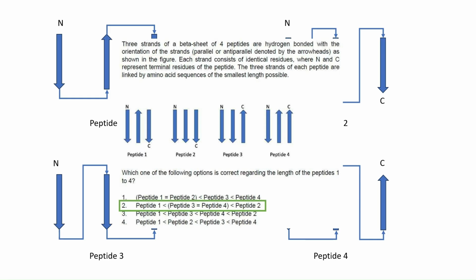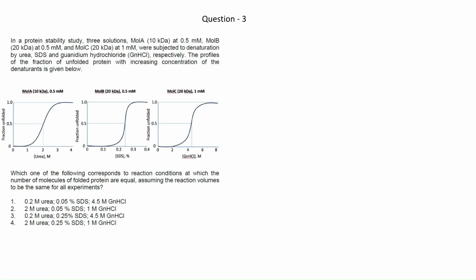Moving on to question 3. In a protein stability study, 3 solutions of protein mol A, which is of 10 kilodalton weight at 0.5 millimolar, mol B, which is of 20 kilodalton weight and again at 0.5 millimolar, and mol C, which is of 20 kilodalton at 1 millimolar, were subjected to denaturation by urea, SDS and guanidinium hydrochloride respectively.